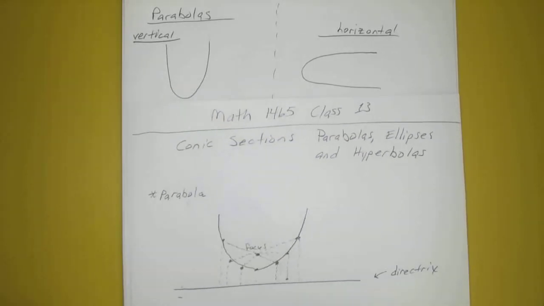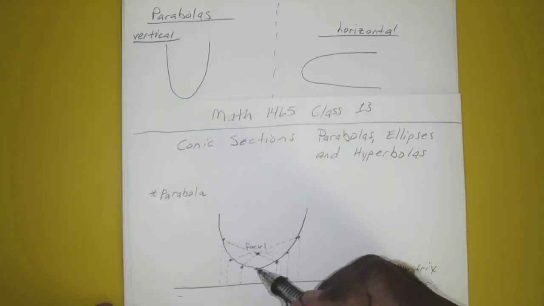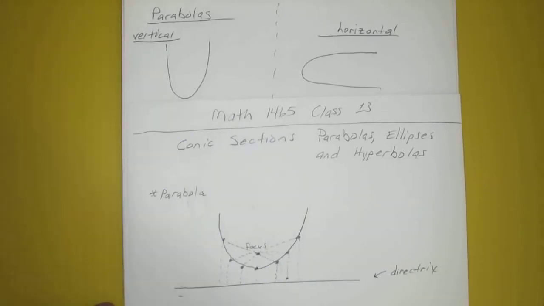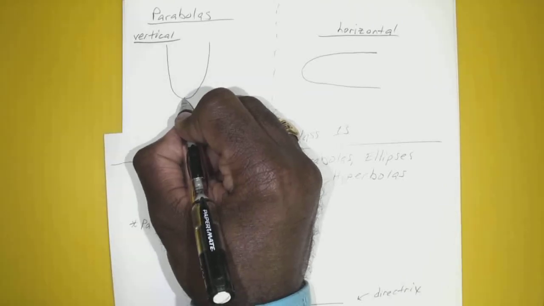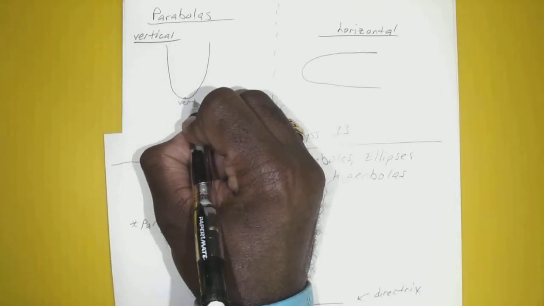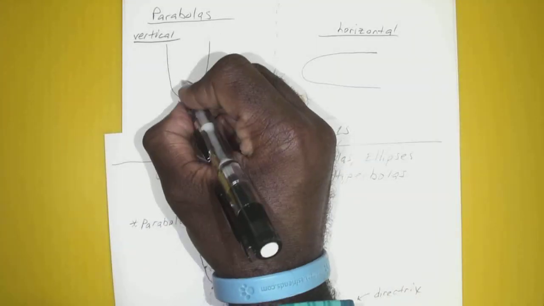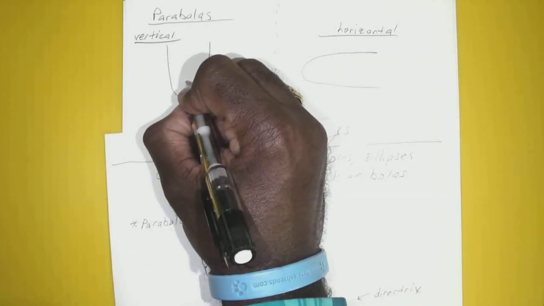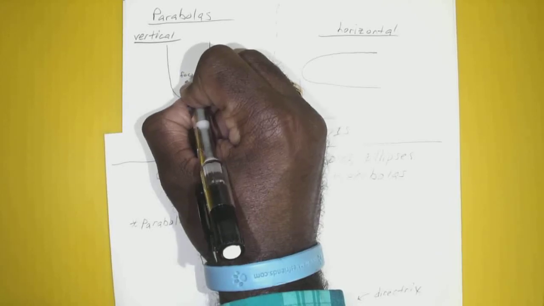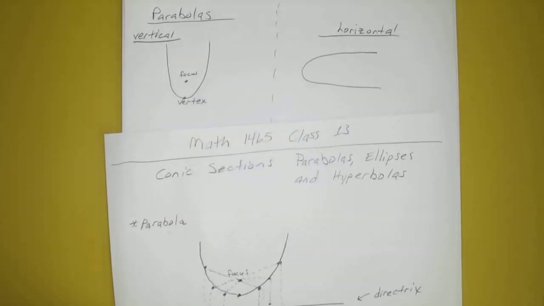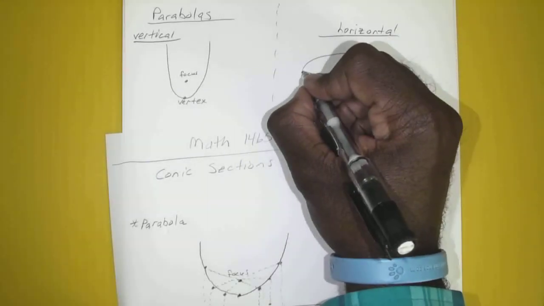Okay. So we know right from this previous page, the point just below the focus is our vertex. Okay, so we know that this is our vertex. Okay, so that means our focus would have to be up there. Okay. And it's the exact same thing for a horizontal parabola.